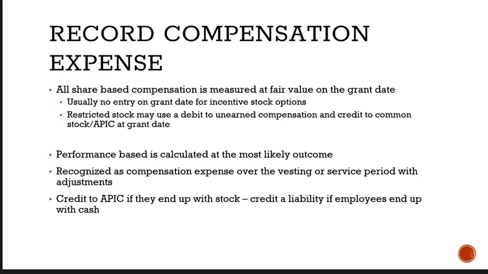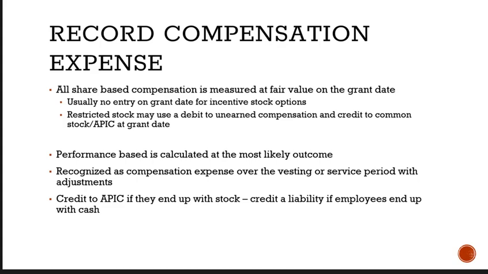Then once we have determined our total compensation expense, we recognize it as expense over the vesting or service period, and may have to adjust it based on forfeitures and so forth, but typically over time. So if it's going to be earned over the next 5 years, we're going to record 1/5 every year for the life of the agreement.